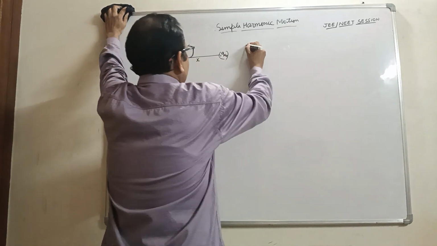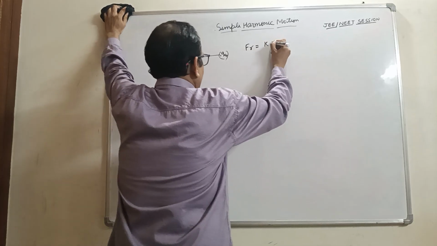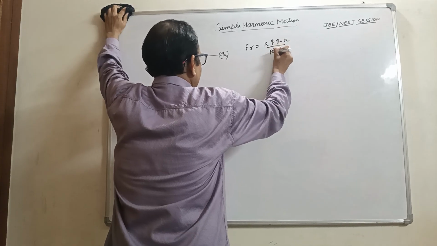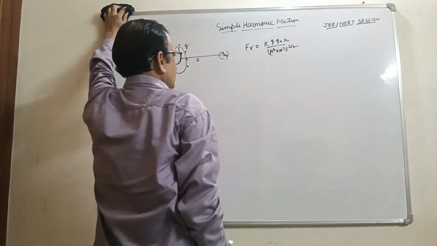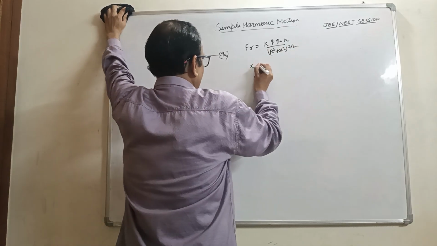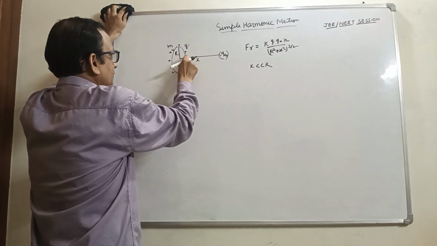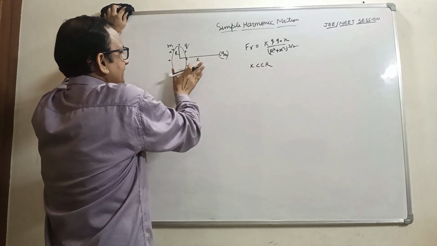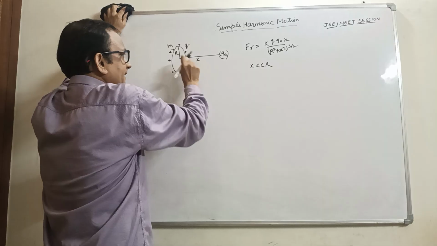So we have to find the restoring force, which would be k q1 q2 upon r square, k Q q naught into x upon r square plus x square raised to power 3 by 2. This is the restoring force, and we know x is very less than r, because this charge is very near to this ring. We show it far away in the diagram, but this charge is very near.